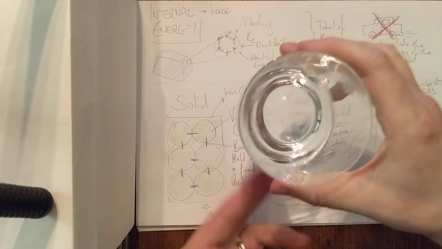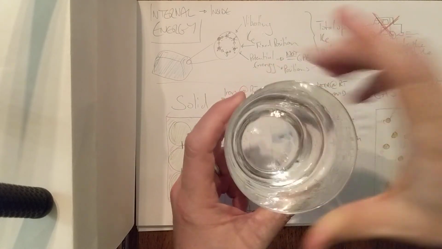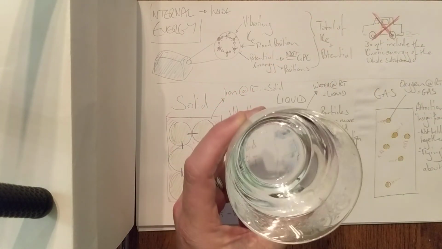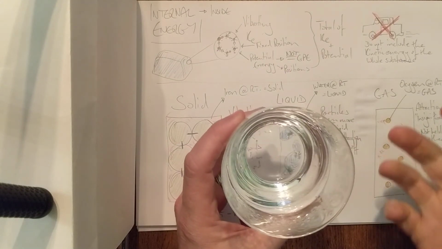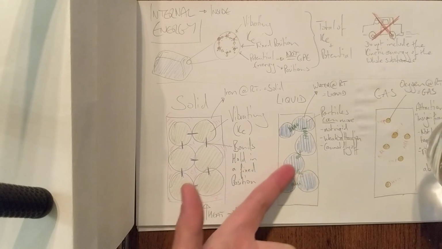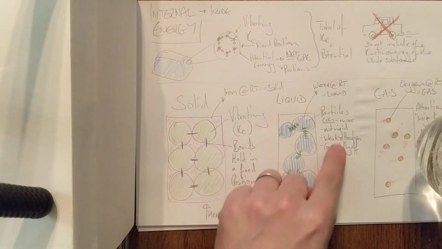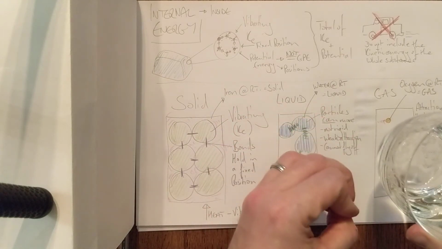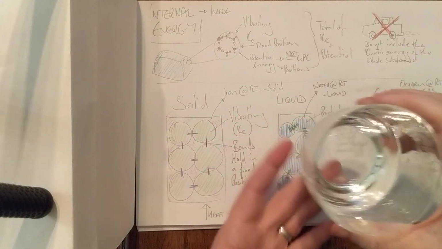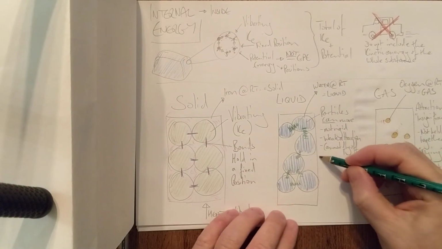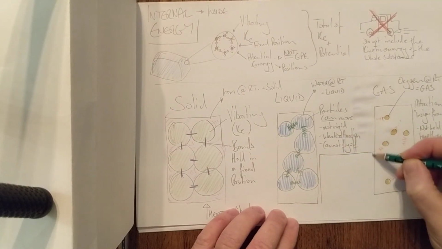So all the particles are able to flow about, they're able to move. If I can put my finger in it and the water will move around the outside of my finger, okay, because the particles are now separate, okay, they've got a weak attraction, okay, but the particles can't just fly off.